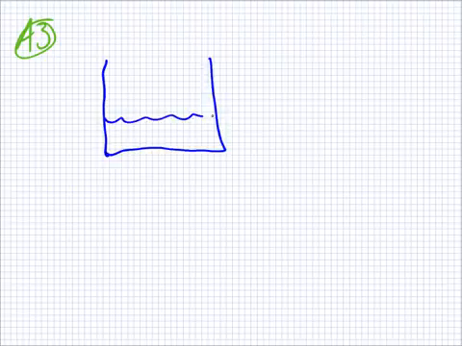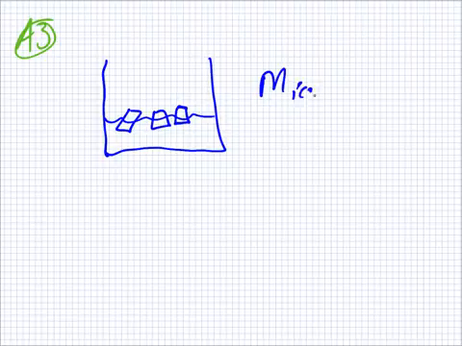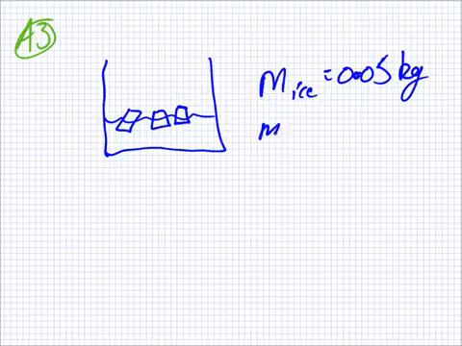So we have some water and we have some ice. The mass of the ice is 0.05 kilograms. The mass of the water is 0.1 kilograms.